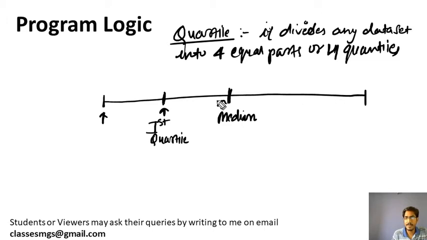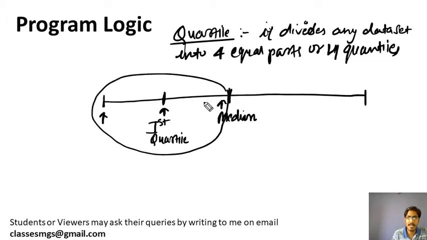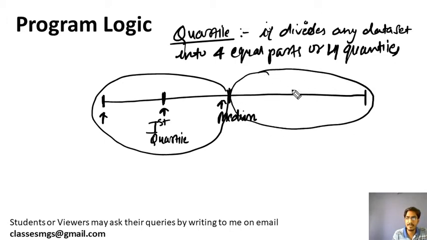The median divides the data set into two equal parts, and from this point to this point, if we find the median again, we will have the first quartile. And if we look at the right-hand side of the median, and find the median of these two points, then we will get the third quartile.